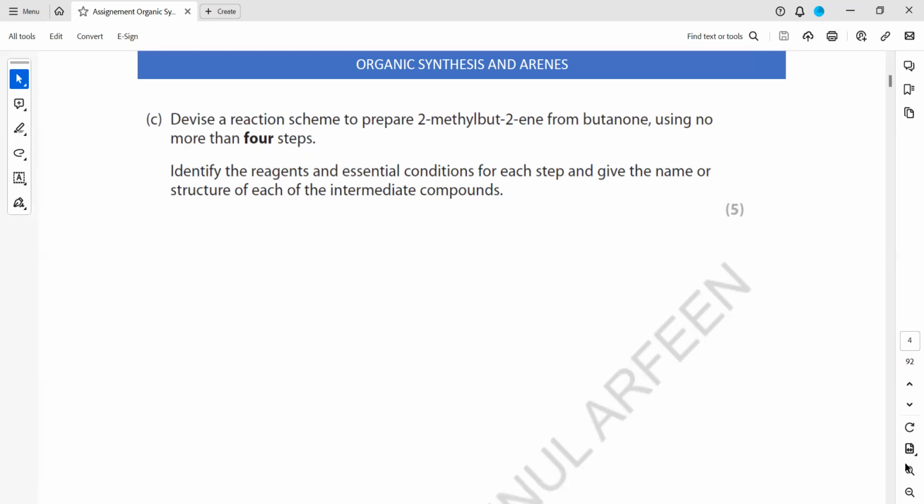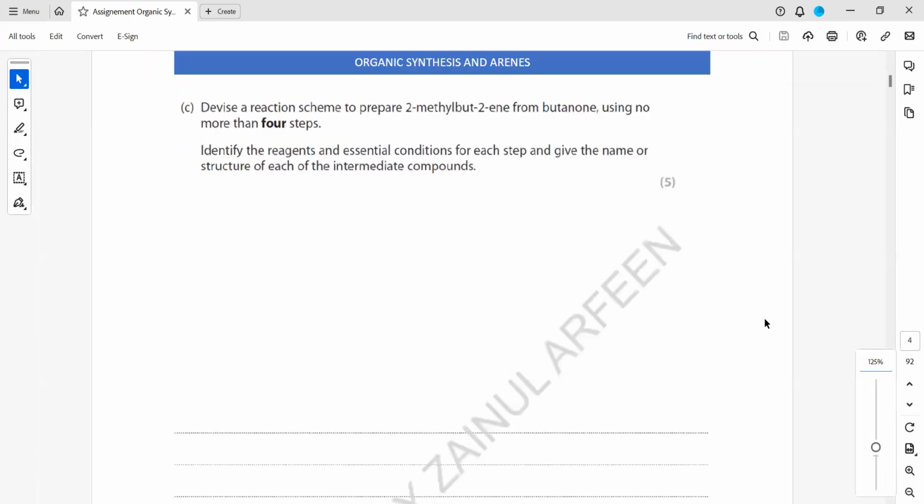So initially butanone is there, and again, we cannot use more than 4 steps. So we have CH3, C double bonded with O, CH2, CH3.